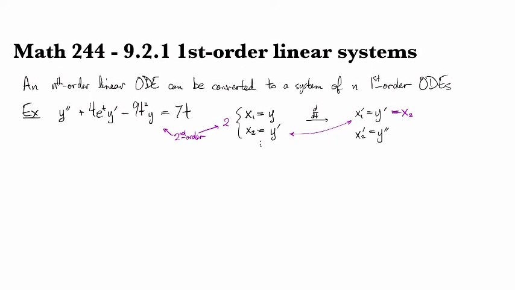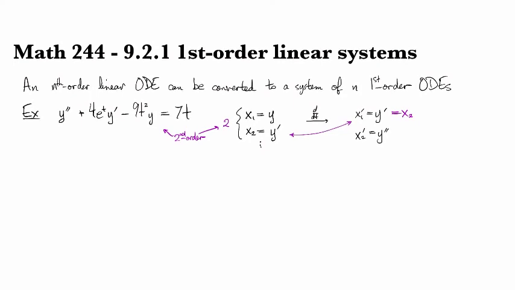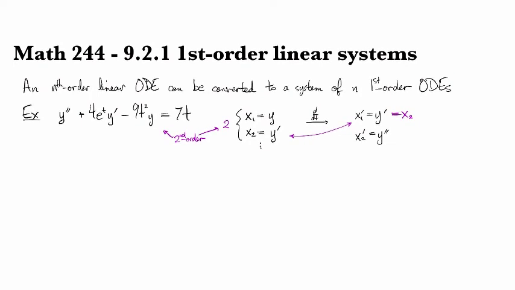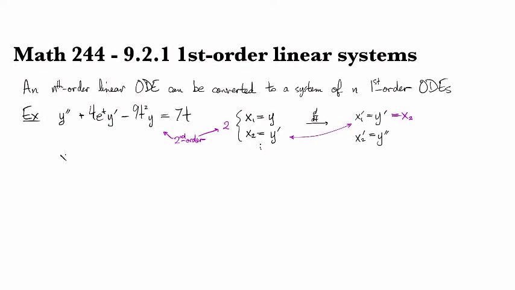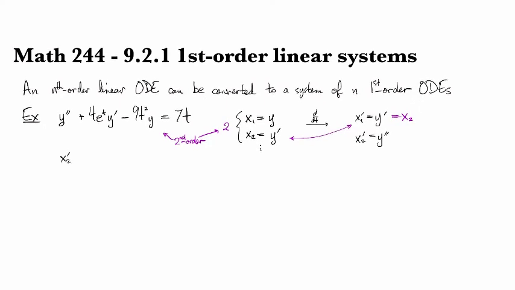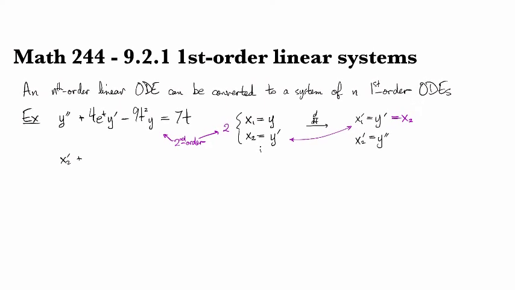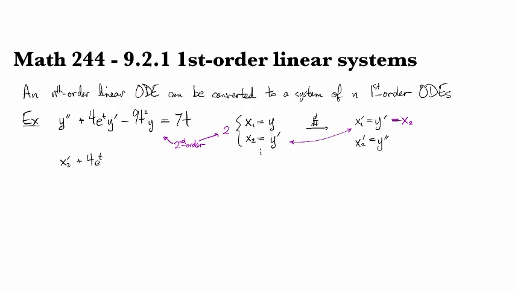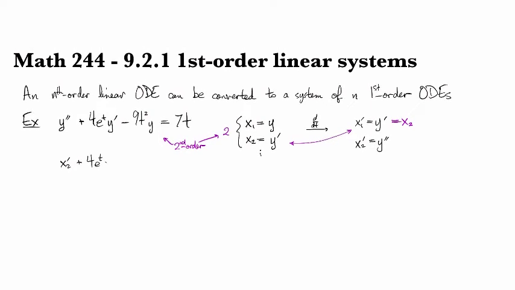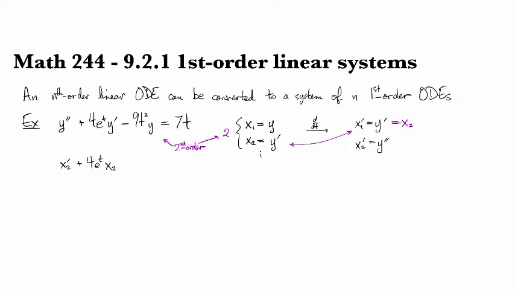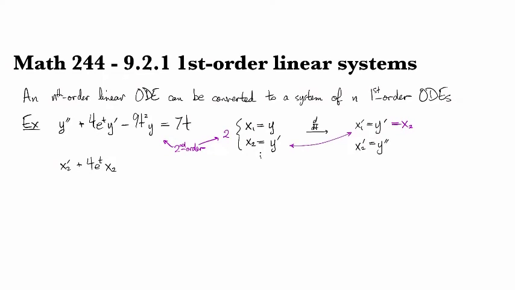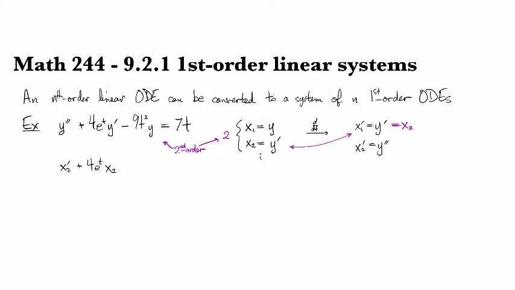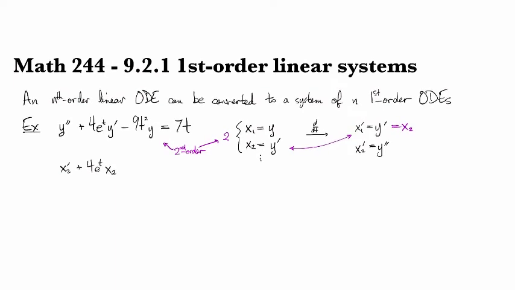So now when I look at my equation, I can replace the y double prime term with an x2 prime term, and then I've got 4e to the t, and then y prime I can replace with, well, I can take my pick of x2 or x1 prime, but x2 is going to make life simpler because it doesn't have the derivative.